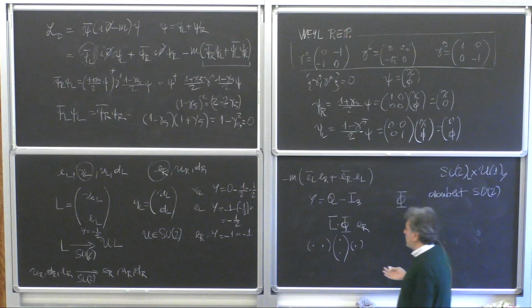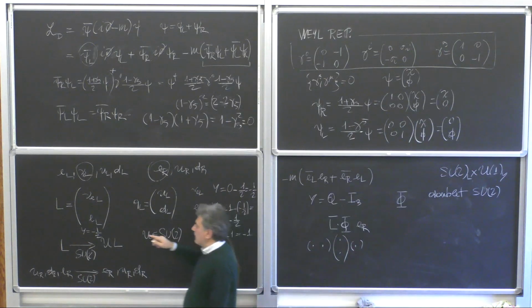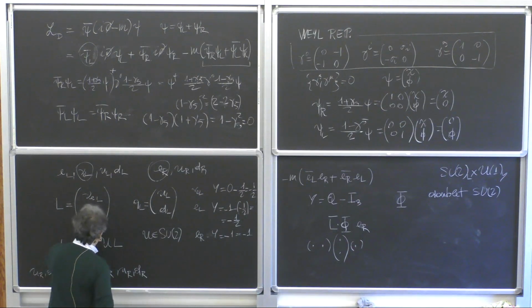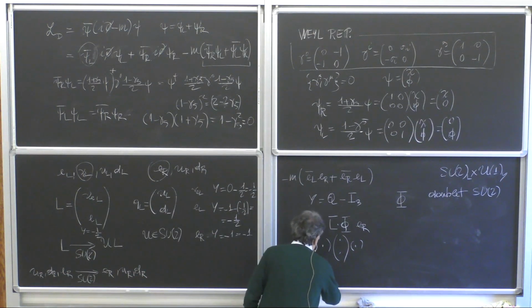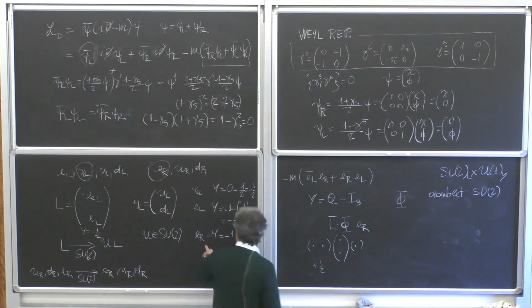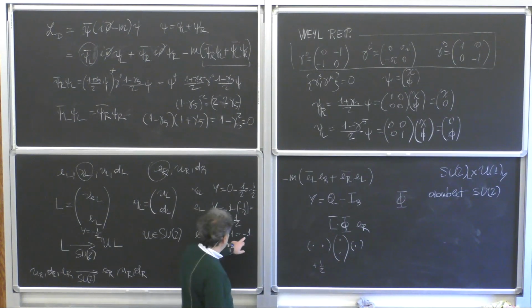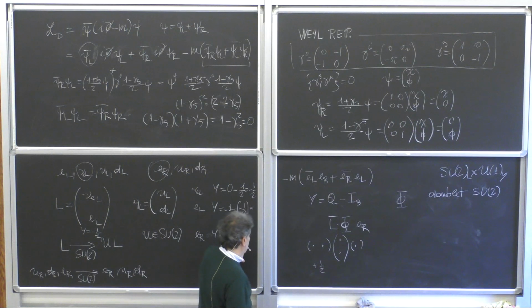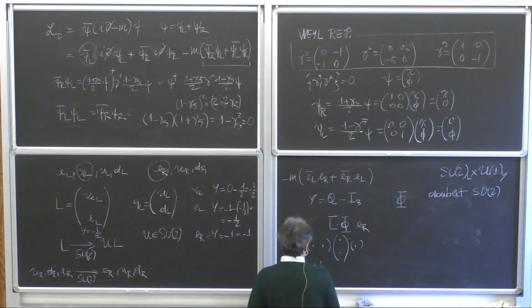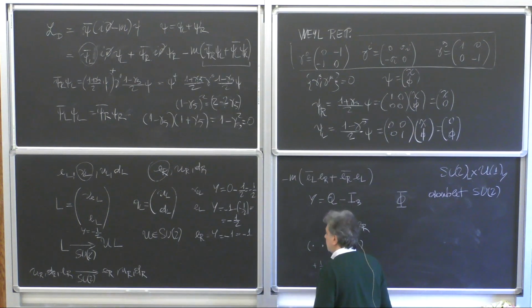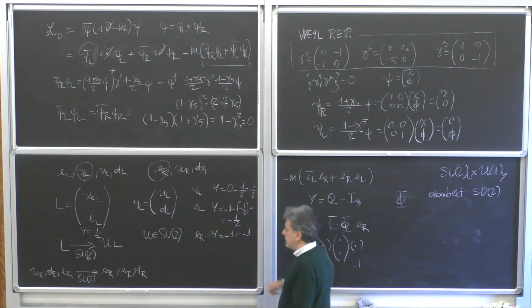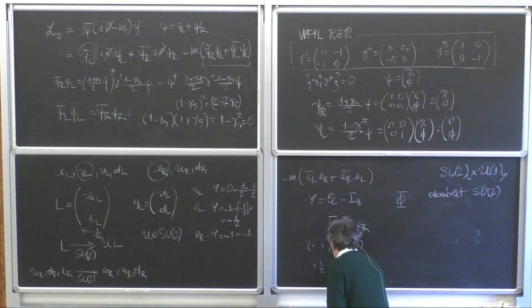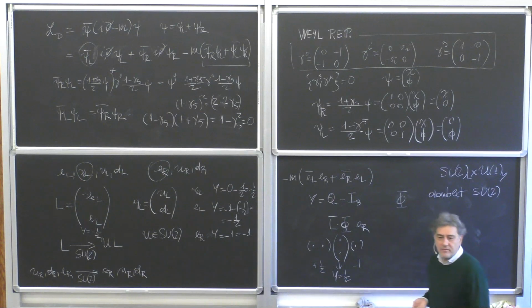The hypercharge, we said that the lepton doublet has hypercharge -1/2, so L bar has +1/2. The right part has -1, because we have charge minus I3, that is 0. So this must have hypercharge 1/2.